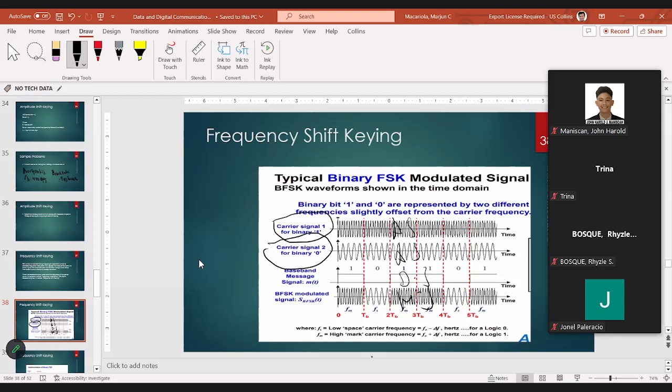Okay? So napansin nyo, mas compressed kapag logic 1. Ito siya. Okay? Pag logic 0, ganito yung output niya.